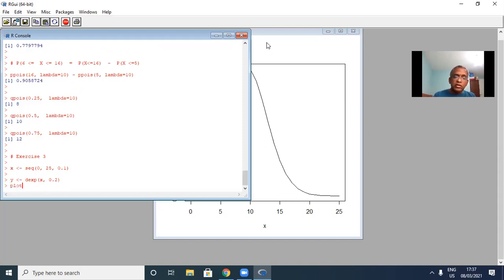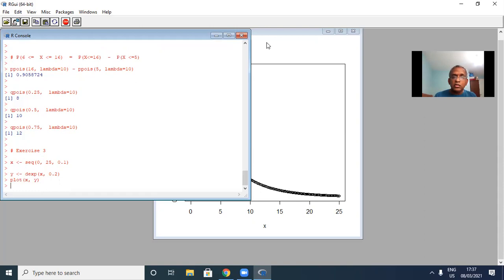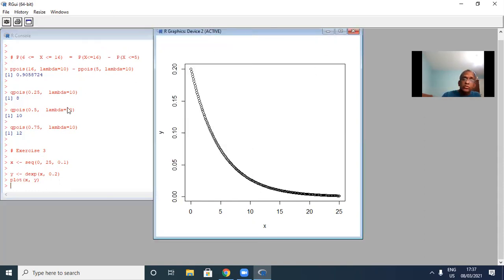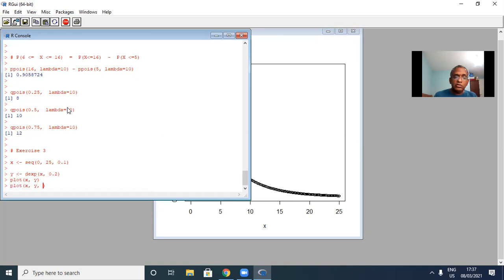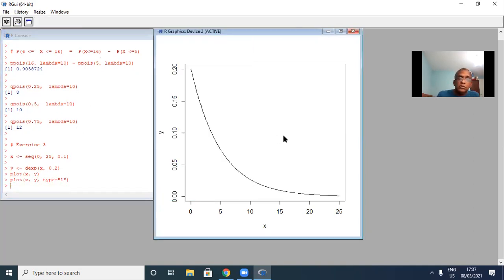Then you plot x comma y, and this is what you will get. So this is the density of the exponential distribution with parameter 0.2. You should use type equal to L. You get a solid line looking like this.